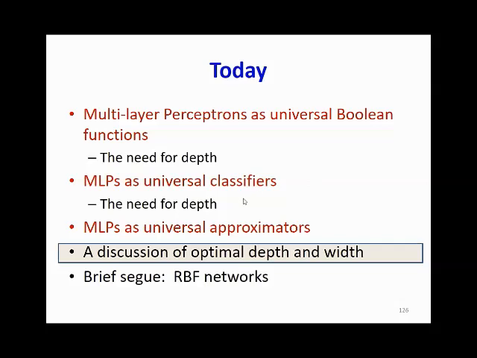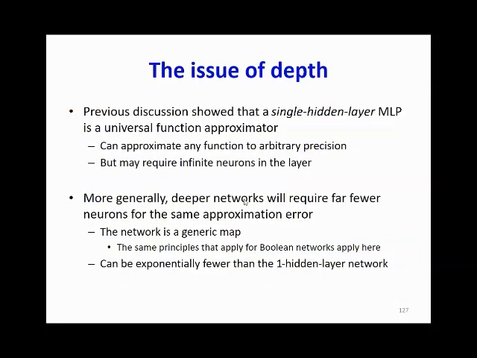So continuing on the final bit, we're going to talk about the issue of depth. We've seen that a single hidden layer MLP is a universal approximator, can approximate any function to arbitrary precision. But having deeper networks helps.